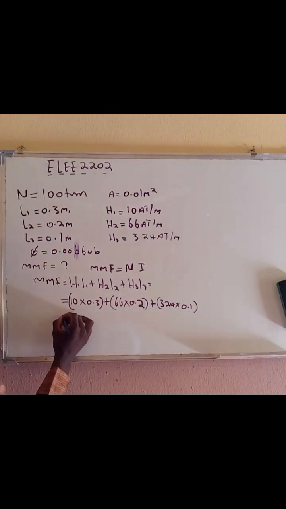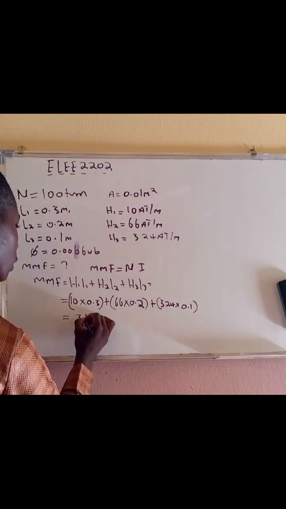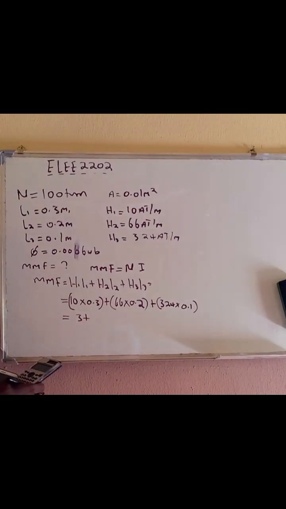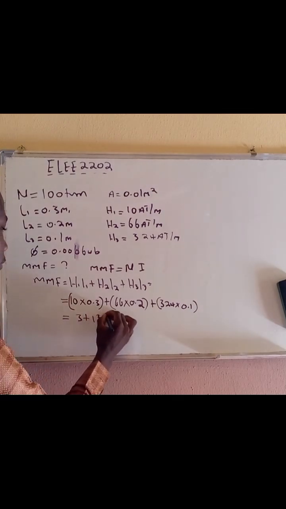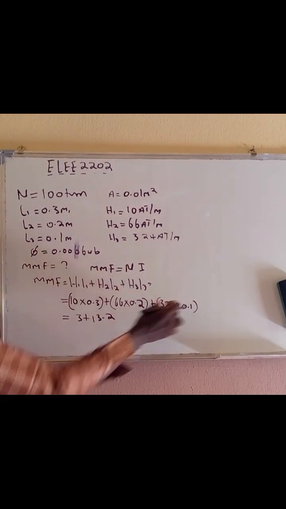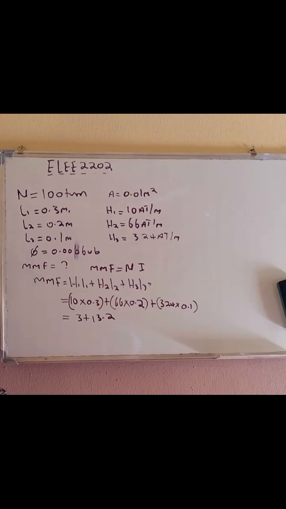So our final solution, if we say 10 multiplied by 0.3, we have 3, plus 66 multiplied by 0.2, we have 13.2, and 324 multiplied by 0.1.